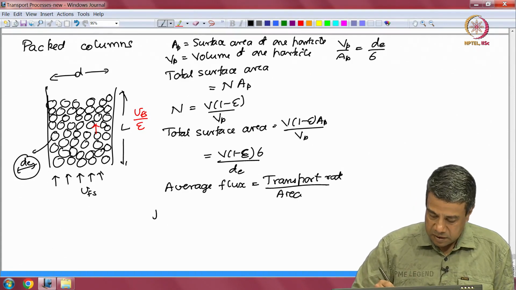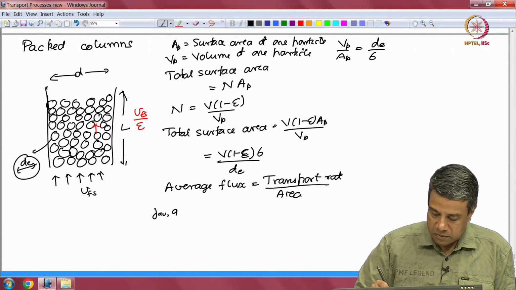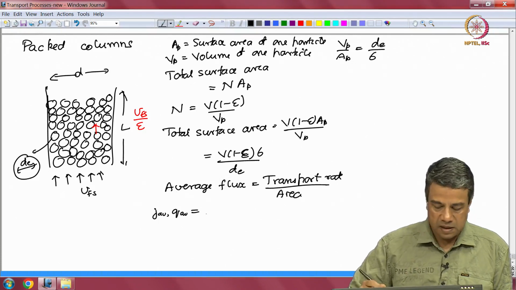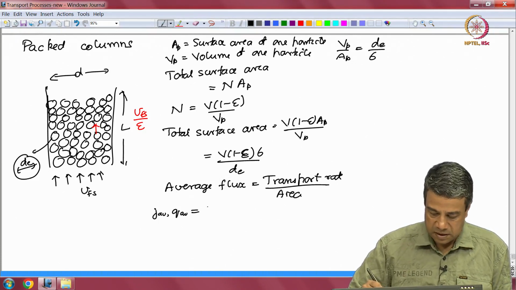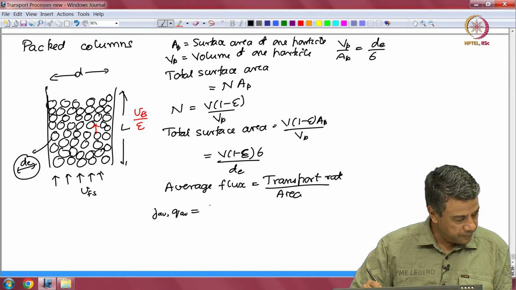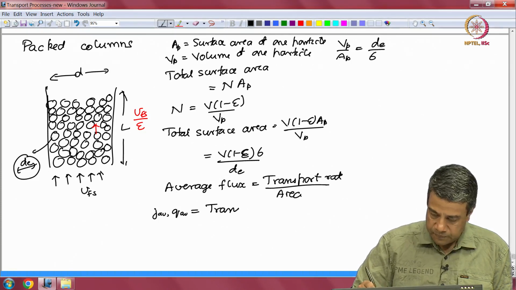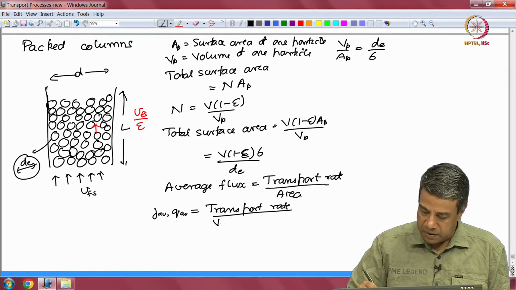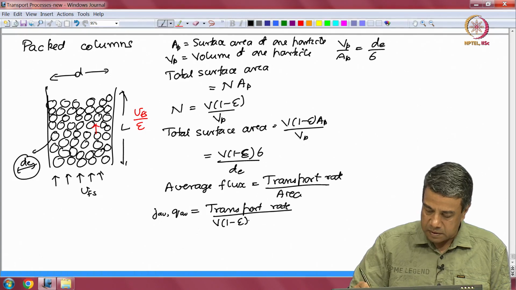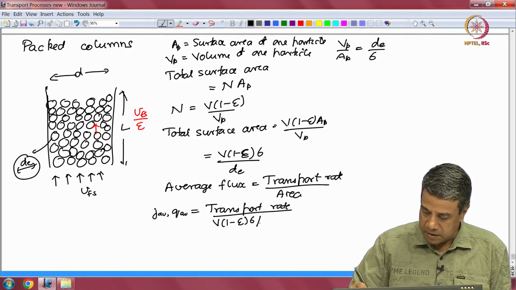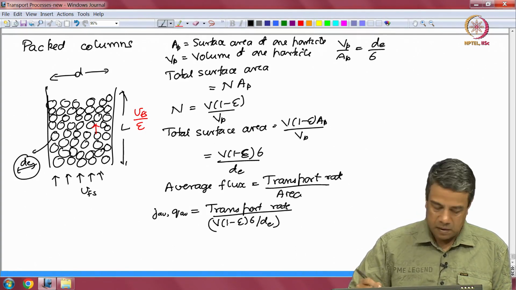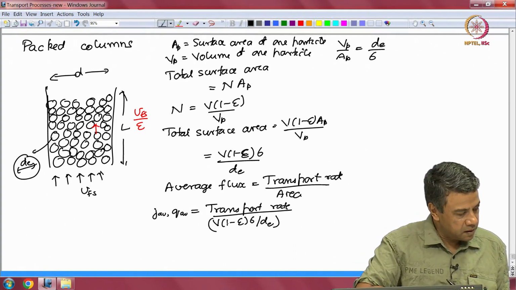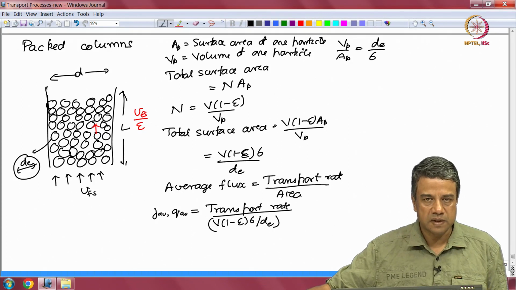So, therefore, J average and Q average, the mass and heat flux, are defined as the transport rate divided by V into 1 minus epsilon into 6 by dE. Okay. That is how you are defining the average fluxes, Q average and J average.